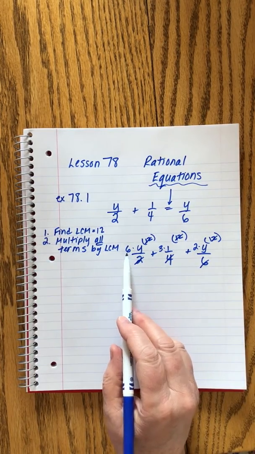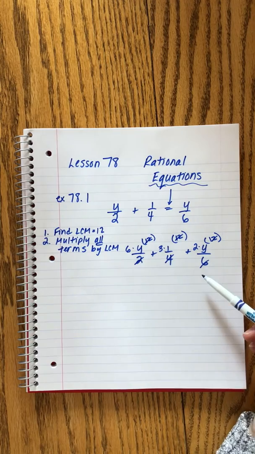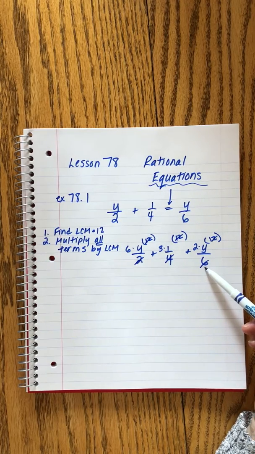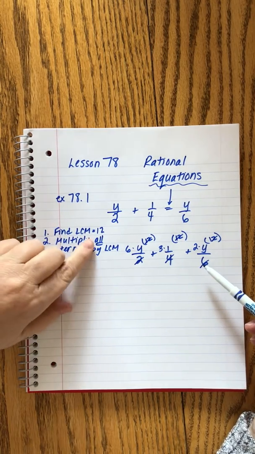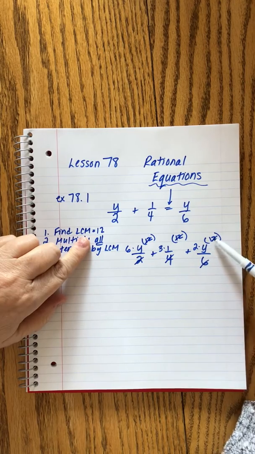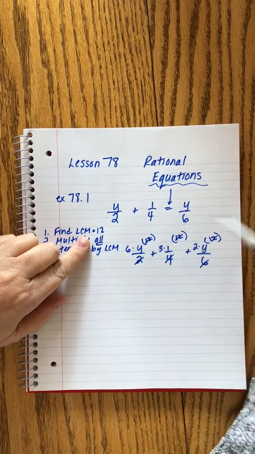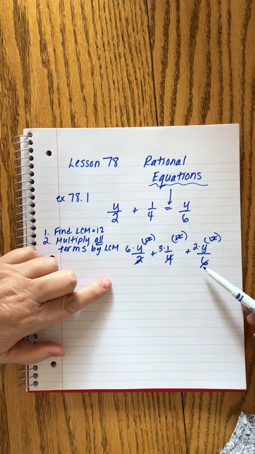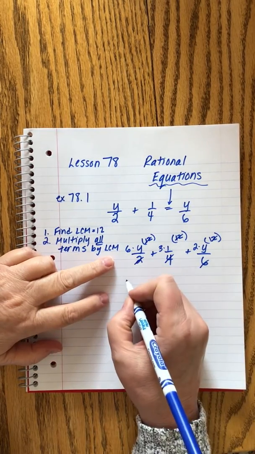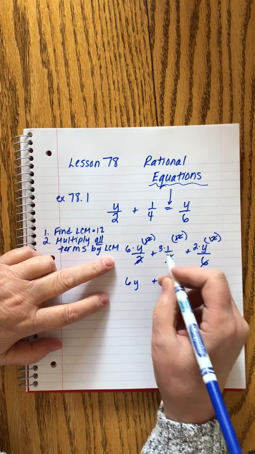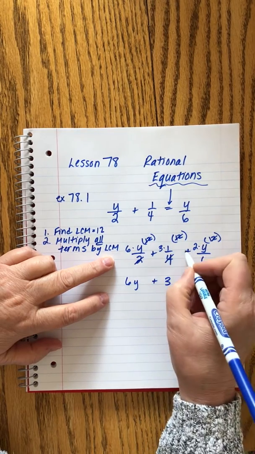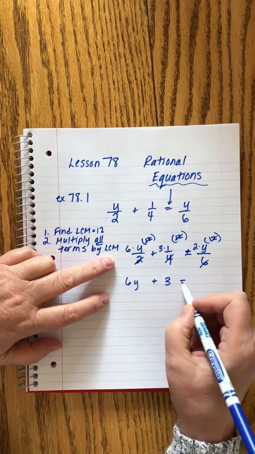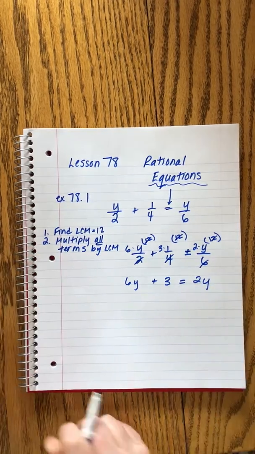And so you see all of our denominators eliminate. That will always happen because we set up our least common multiple so that they would all fit into that number and cancel out. Now our denominators are gone, and all we're left with is 6y plus 3 times 1 is 3. Oh, this should be an equal sign, sorry. Equals 2y.